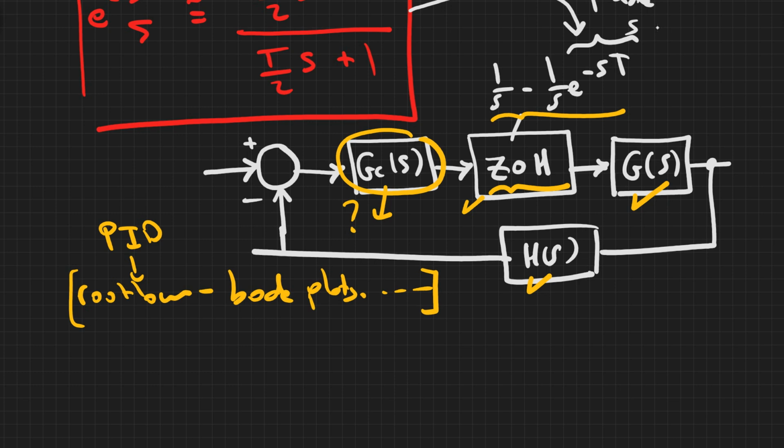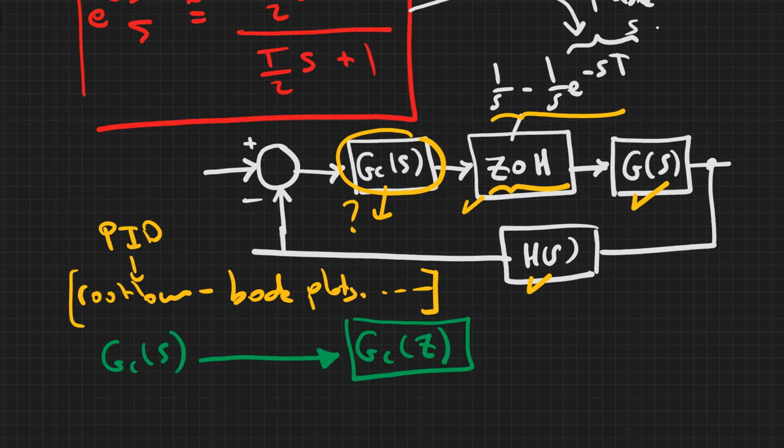And then what happens? After you design your continuous time controller, you have the transfer function Gc(s), which is your continuous time controller. You can use, for example, the bilinear transformation to obtain the z domain transfer function, Gc(z), because this is what we are eventually looking for, the discrete time version of the controller.